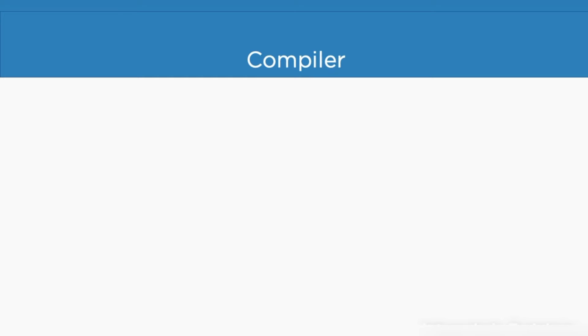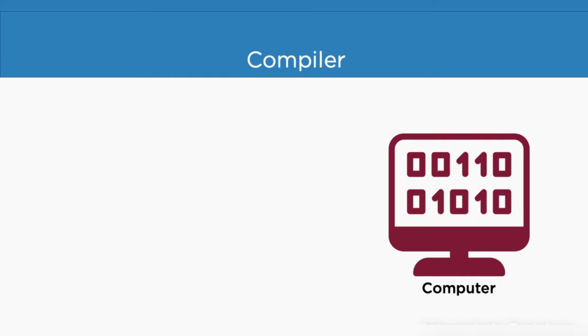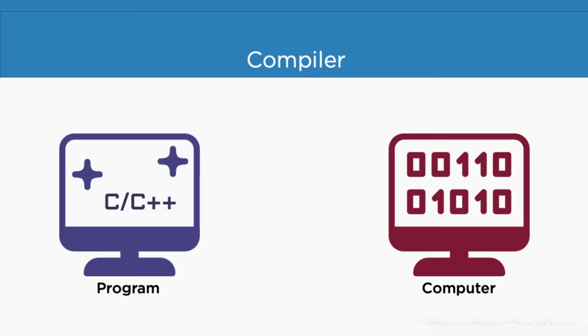Now, we all know that a computer understands only binary code, which is expressed using only two digits, either 0 or 1. Now, to write a program, we can use any programming language, such as C or C++.